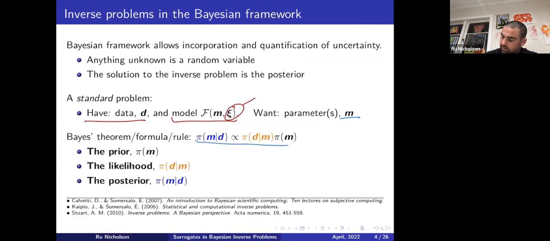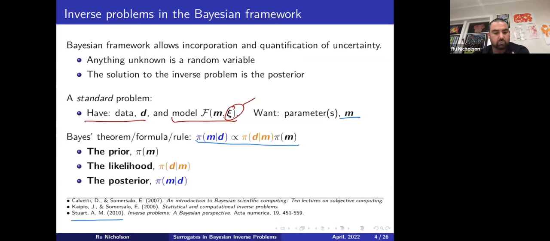Okay, and so Bayes' theorem, or formula, or rule, is often expressed like this, and this is fine for the finite dimensional case. And for ease of telling the story, I'm going to stick to the finite dimensional framework, though things generally work out in infinite dimensions as well. If people are interested in the infinite dimensional framework, feel free to look at particularly this paper by Andrew Stewart.